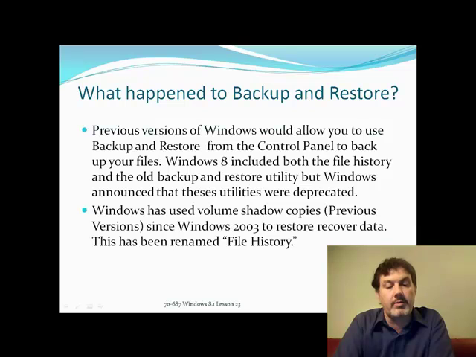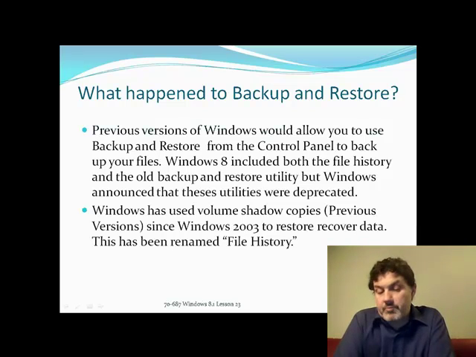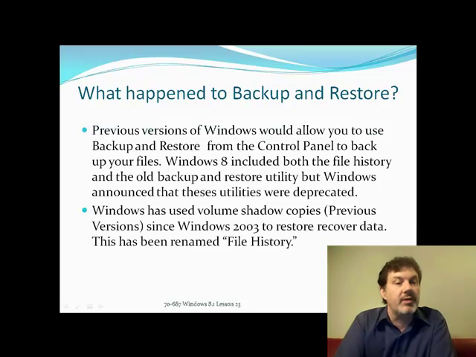If you had a copy of Windows XP or even Windows 7 and you discovered something called previous versions, well, previous versions is really a fancy word for volume shadow copy, which would allow us to recover and restore data. They have just basically simplified this. They've renamed it file history. They've done away with everything so that you are kind of pushed into using file history as a primary means of backing up and restoring your data.